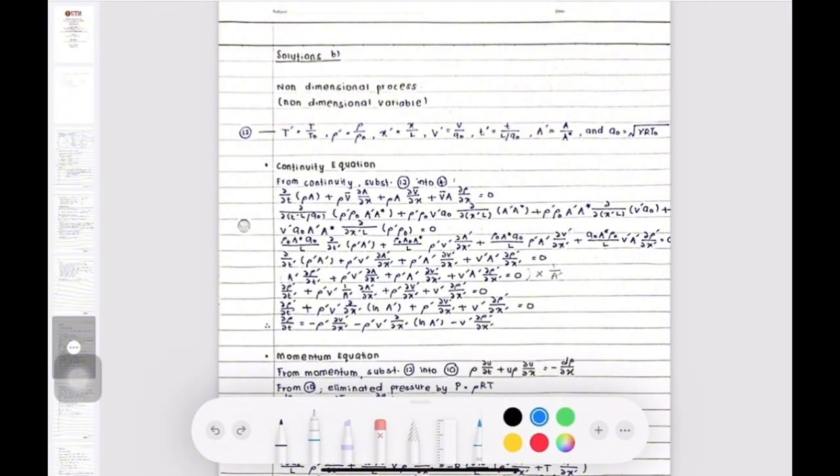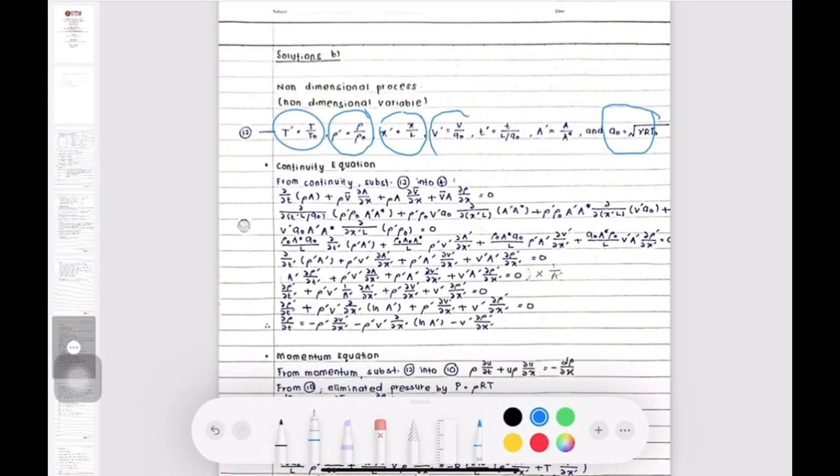So the list of non-dimensional variables: first is this temperature, this is for density, this one is for length, dimensionless length, and this is the speed of sound in the reservoir.